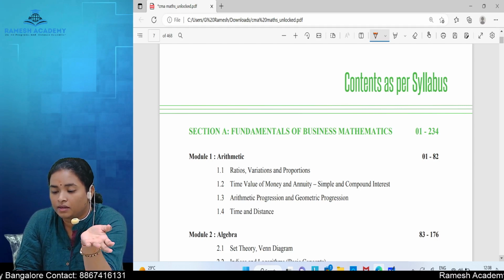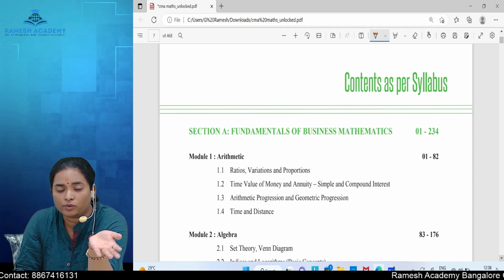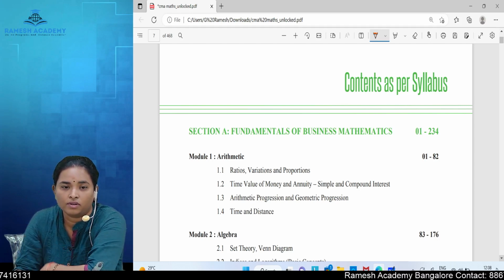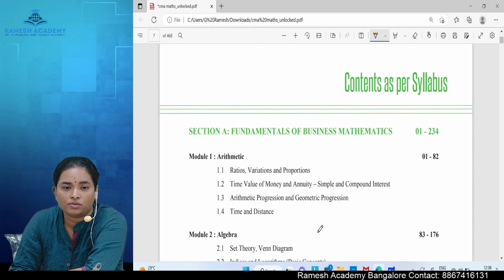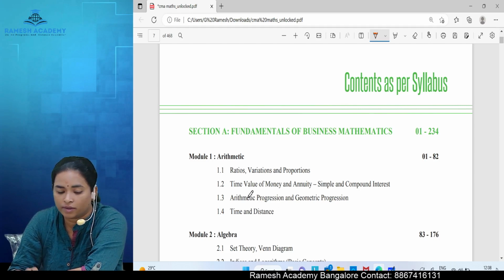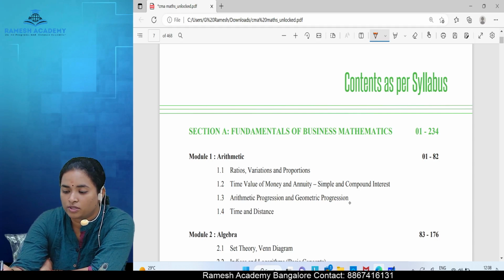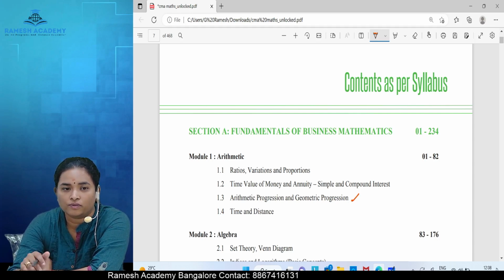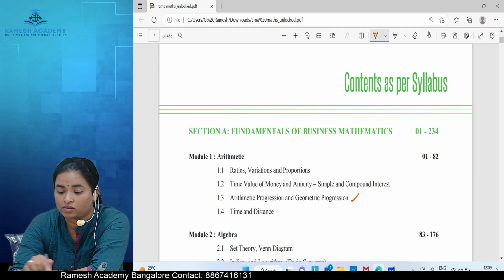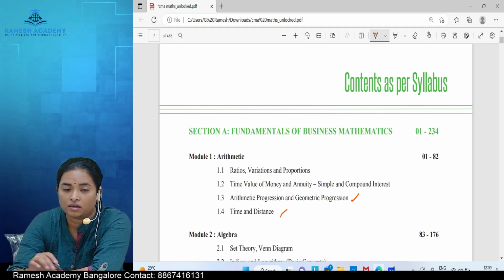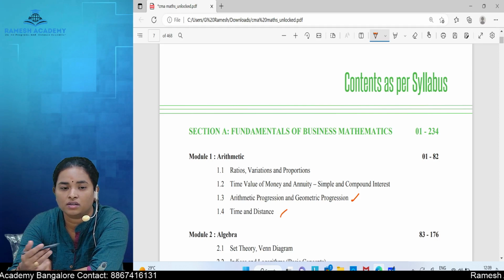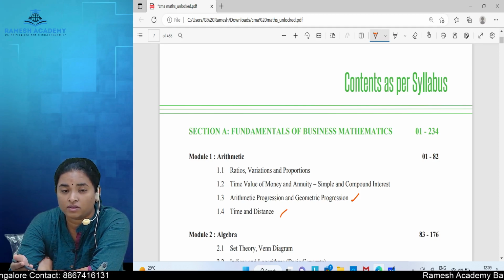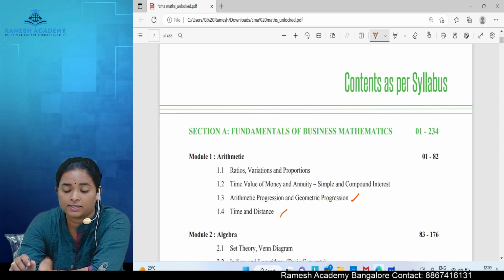Then arithmetic progression and geometric progression, given some set of numbers. You'll be talking about a series of numbers, and you want to find the pattern in it. And time and distance: given time, what is the distance, and you might have traveled some distance, and what is the time, not only with respect to travel but also some particular tasks and so on.